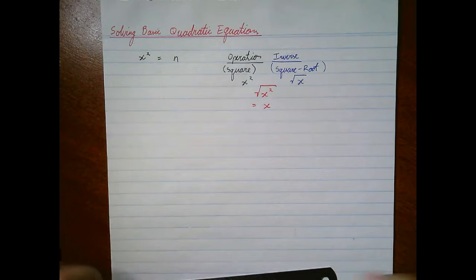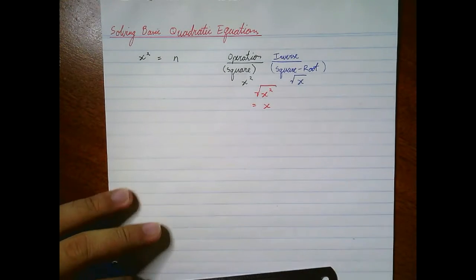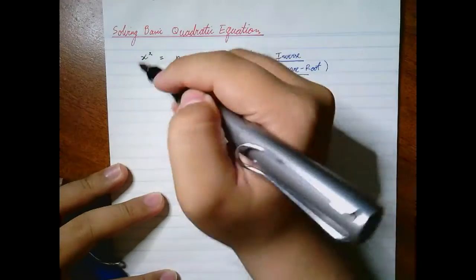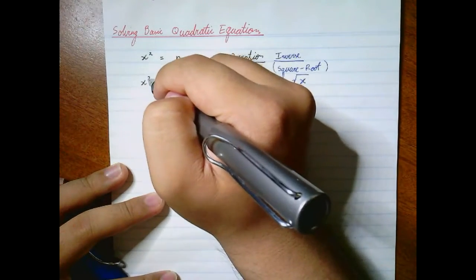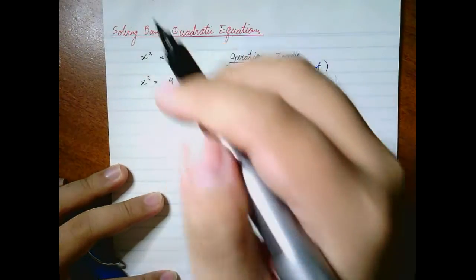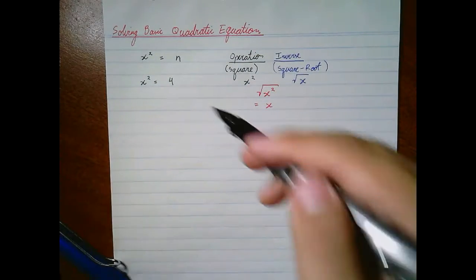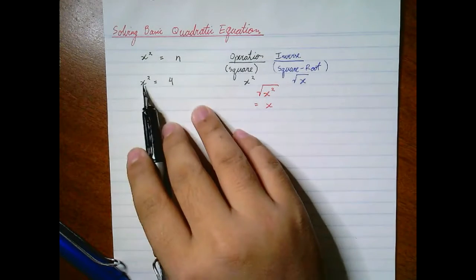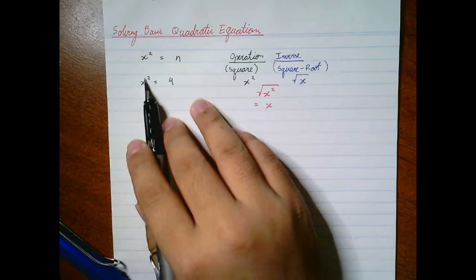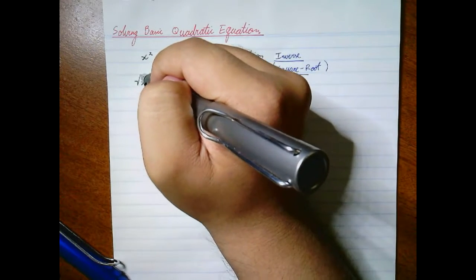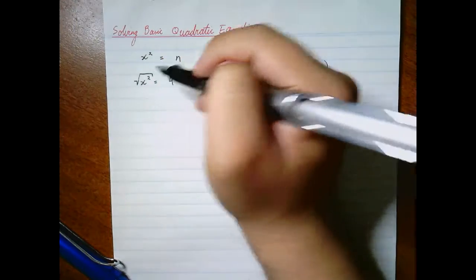Okay, really quick example. If we had, for example, we'll stick to x squared. We had x squared is equal to 4. Now, in order for us to get to x on its own, we want to cancel this square. The only way we can do that is if we apply a square root.